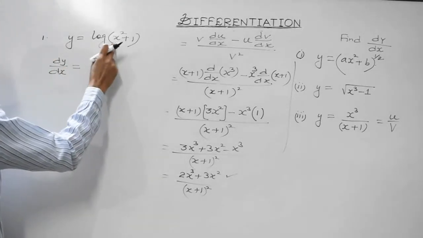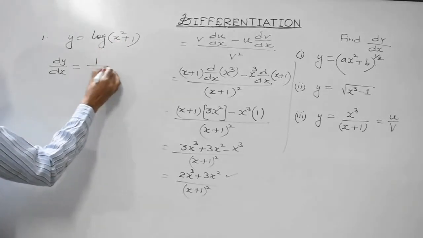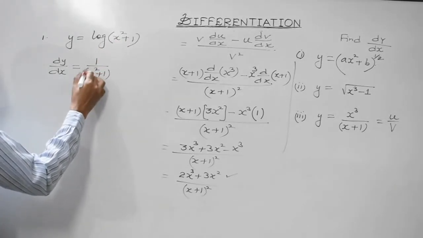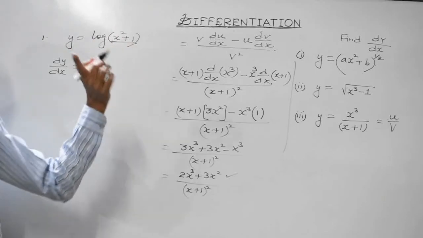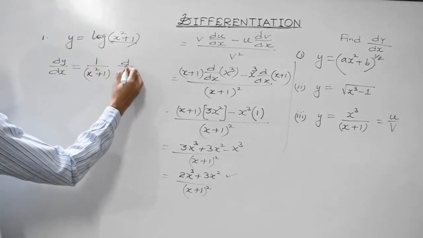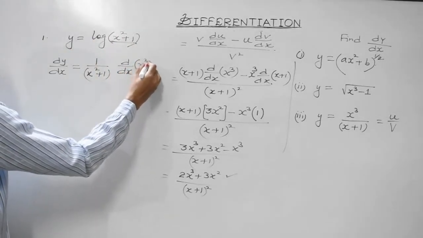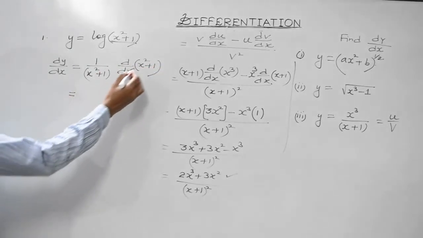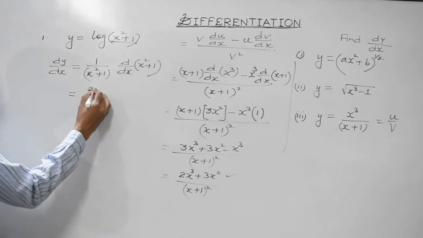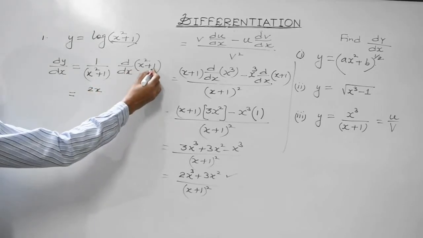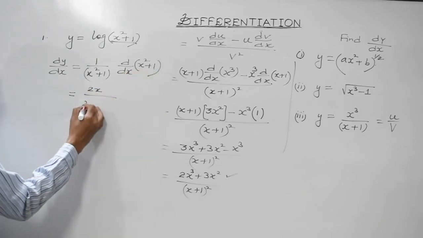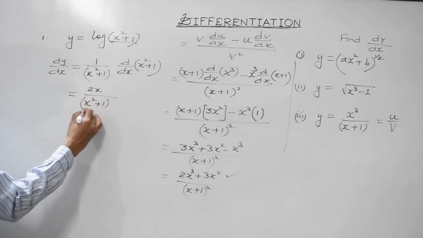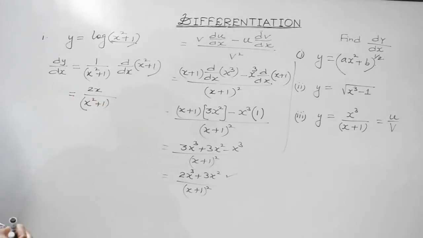So, differentiation of log of x square plus 1 would be 1 over x square plus 1, but we have taken this as a whole term, as a single term x, into differentiation of x square plus 1. Right? So, what you get is, its differentiation would be 2x. 1 would be constant, so the differential of a constant is 0. So, the answer would be 2x divided by x square plus 1.